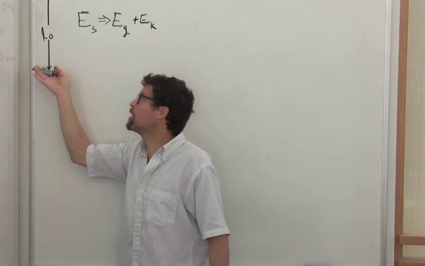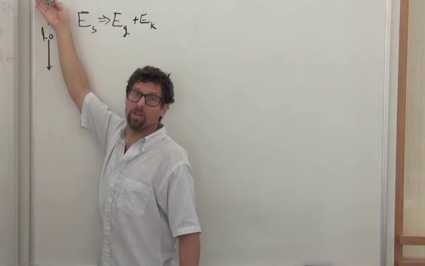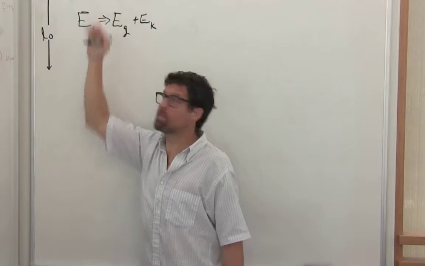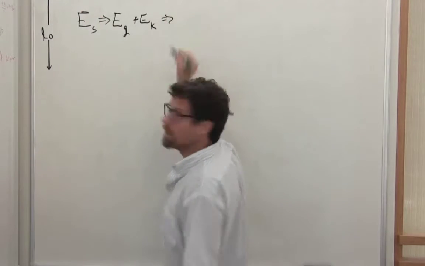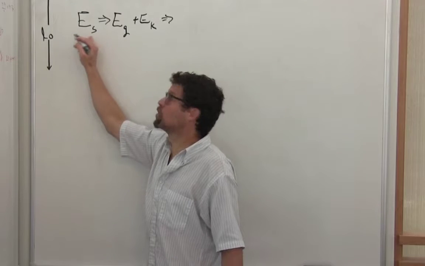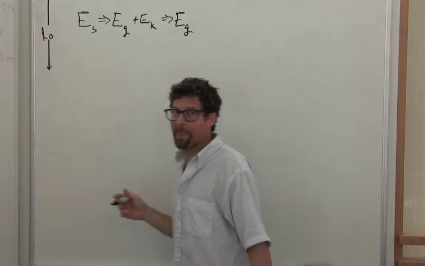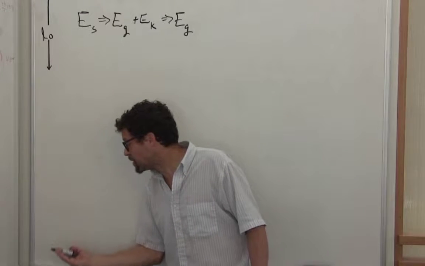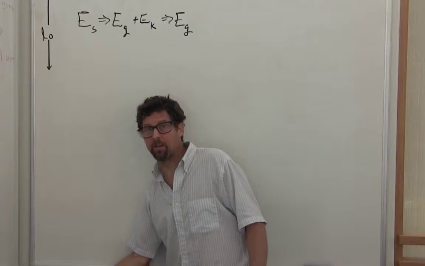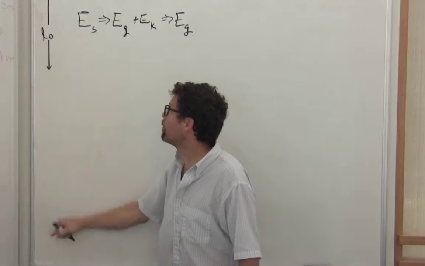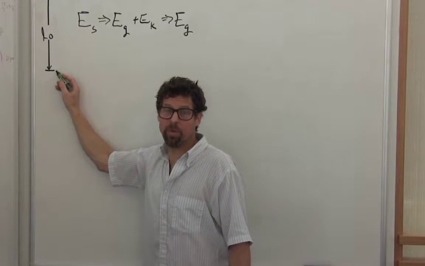And then once we pass the unstretched length and the mass continues to rise, this kinetic energy turns into just gravitational potential energy. And so in the end, all of our stored energy in the spring is turned into gravitational energy. I'm going to say that zero height is at zero gravitational potential energy, down here at the very bottom, 1 meter below the unstretched spring length.